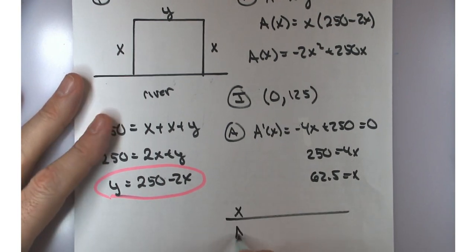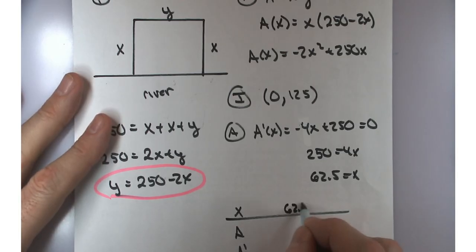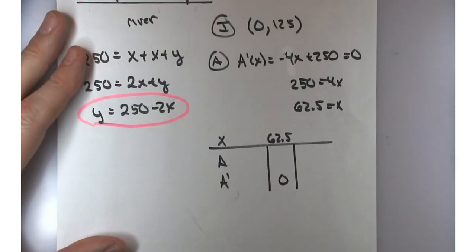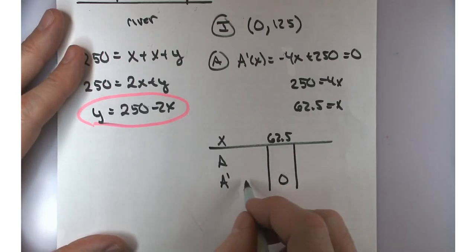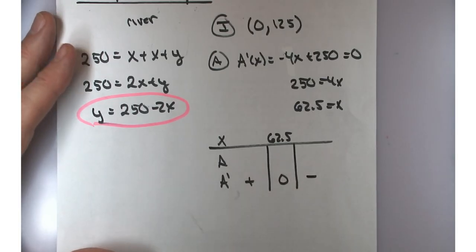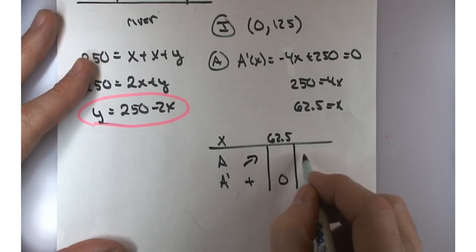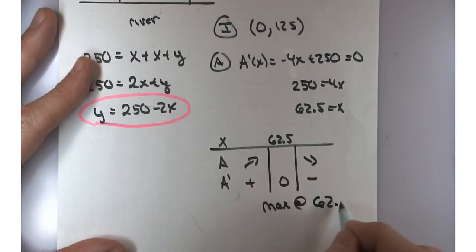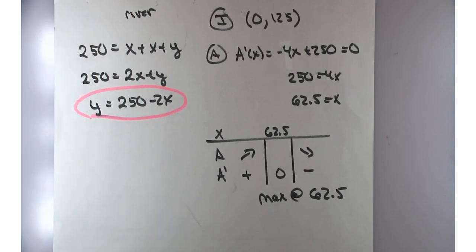A prime of 62.5 gives you a 0. To the left of that, the function's increasing. To the right of that, the function's decreasing. So this is a maximum. 62.5. Yay.